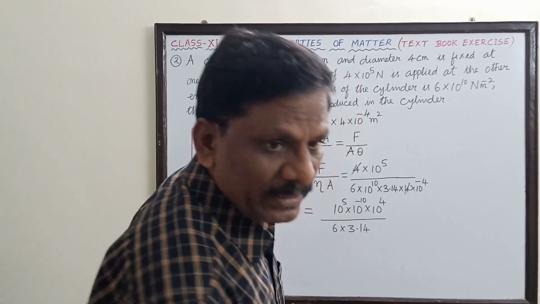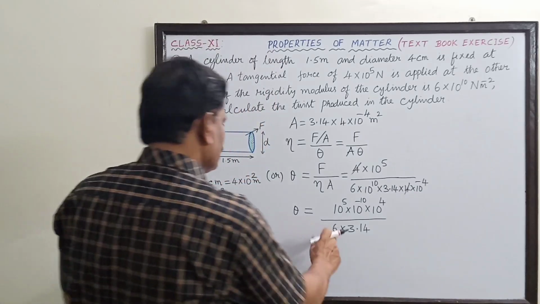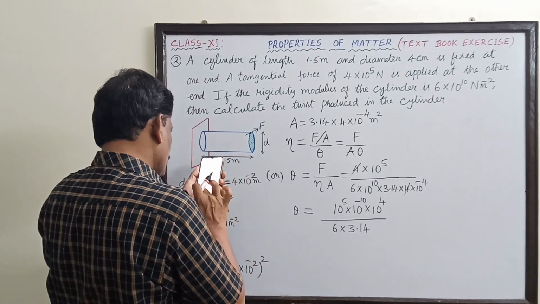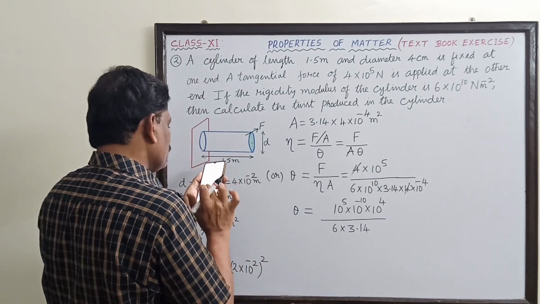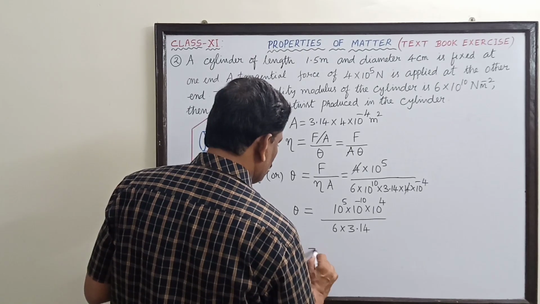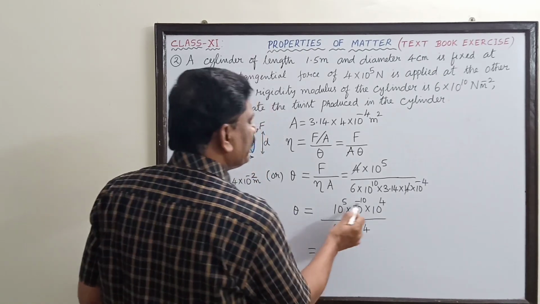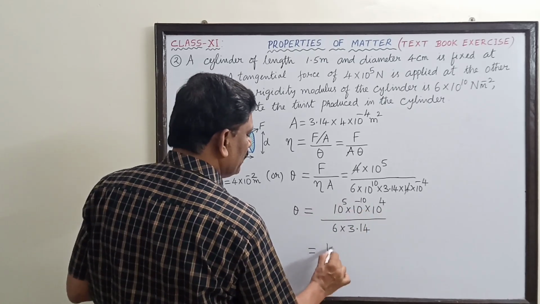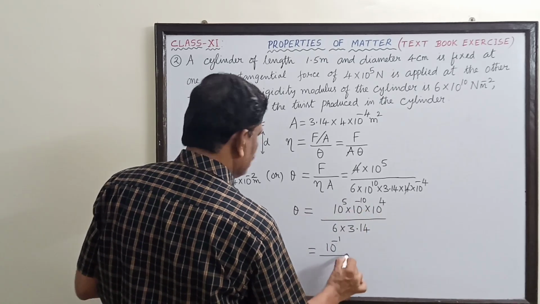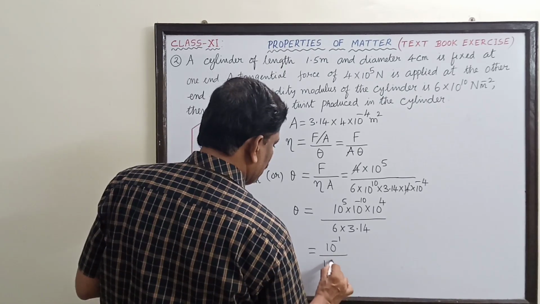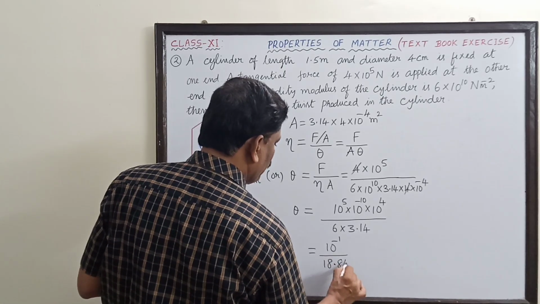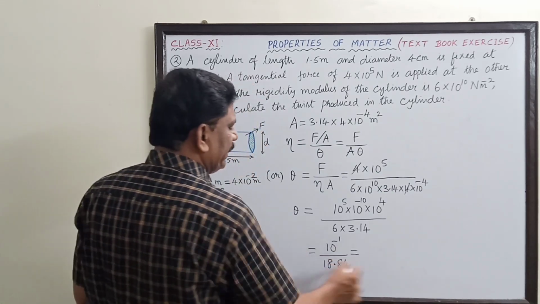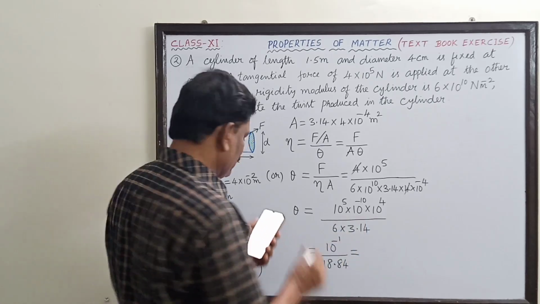Okay, now let us use the calculator. 6 multiplied by 3.14 is equal to 18.84. Now the power of 10, if you adjust, 5 plus 4 is 9, 9 minus 10 is minus 1. So this is 10 power minus 1 divided by 18.84, which is 1 by 18.84 into 10 power minus 1.